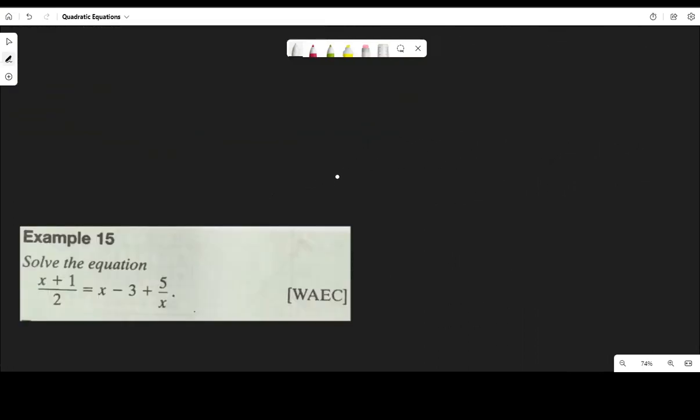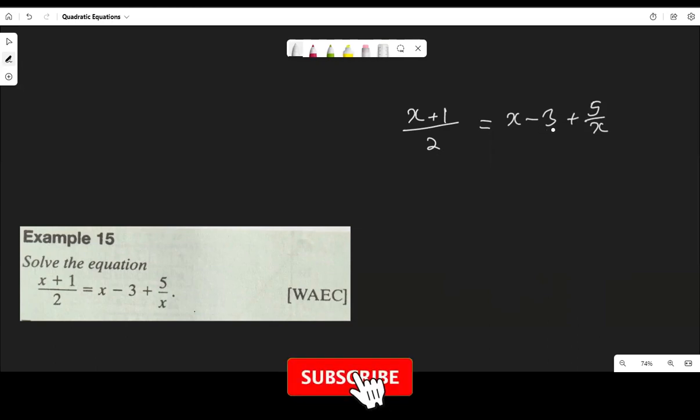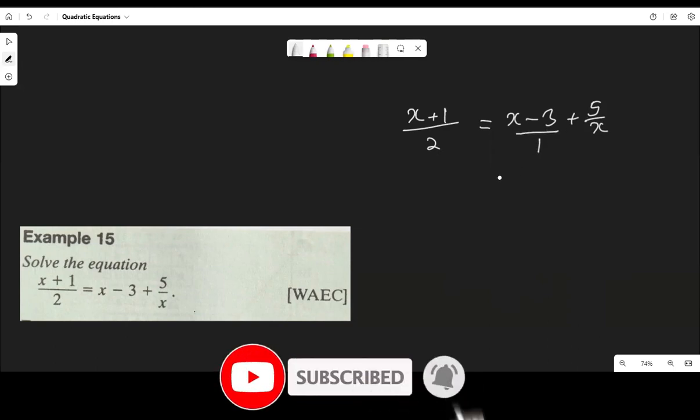Example 15 says solve x plus 1 over 2 equals x minus 3 plus 5 over x. First of all, let's try and clear this fraction. This is over 1.